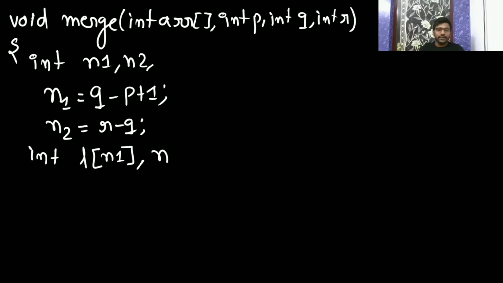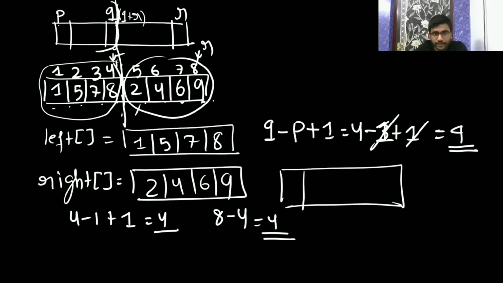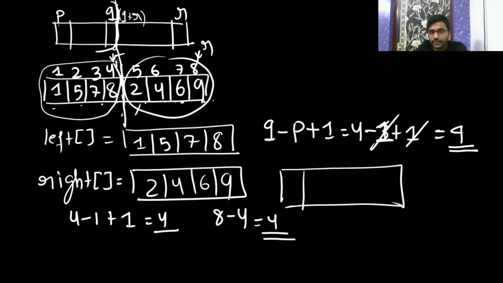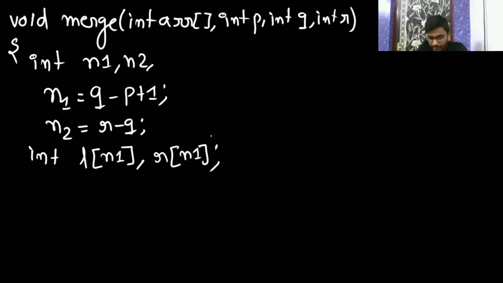Whatever elements are in the left half I will store in the left array, and the right part of the array I will store in the right array. That's why I've created two arrays, so that the first half is stored in left and the second half in right.